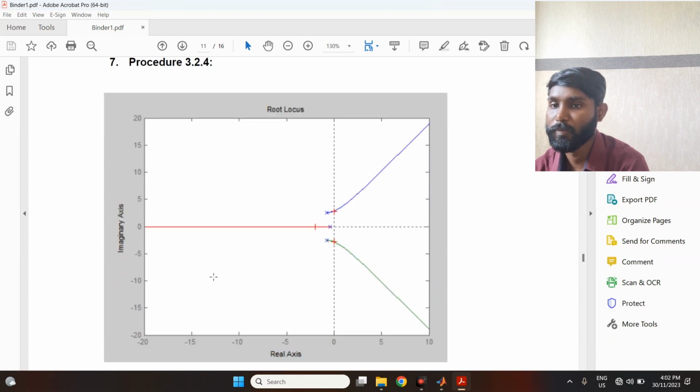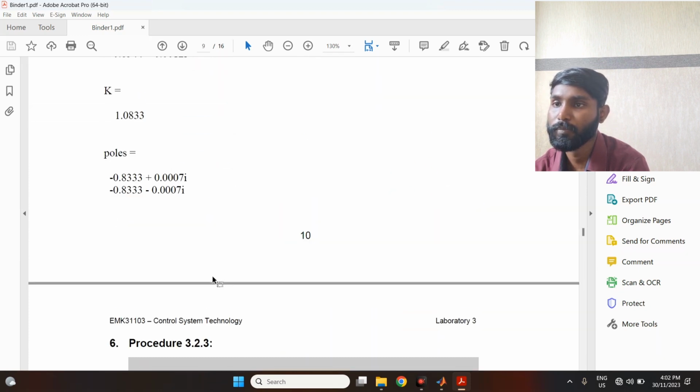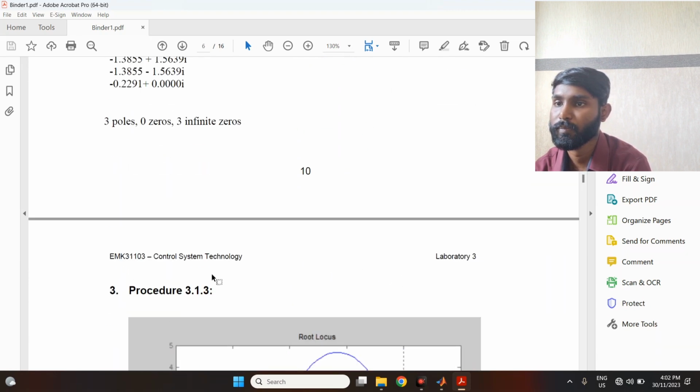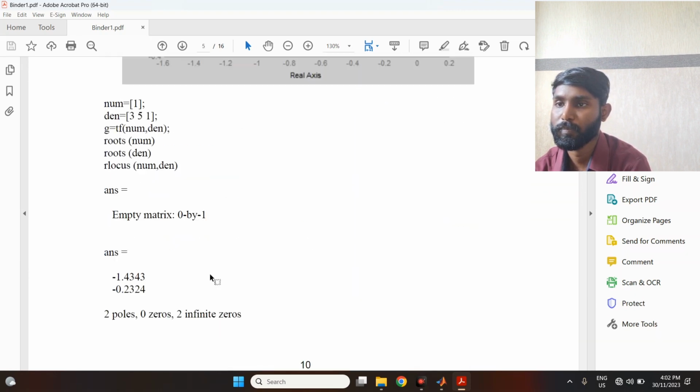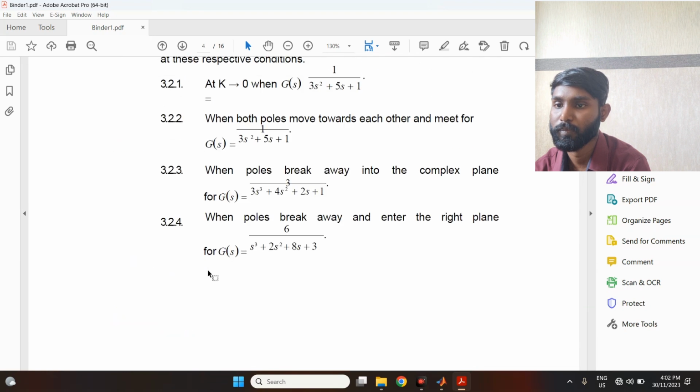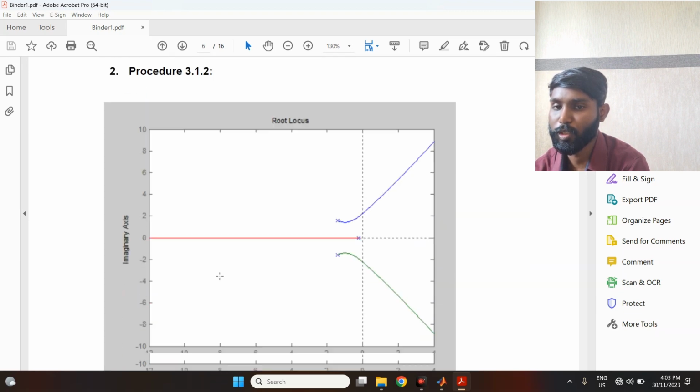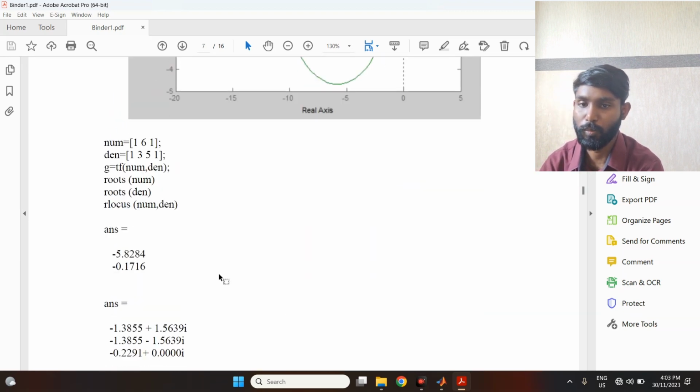For the last one, 3.2.4, the numerator is 6 and the denominator is s cubed plus 2s squared plus 8s plus 3. This is for the last question.